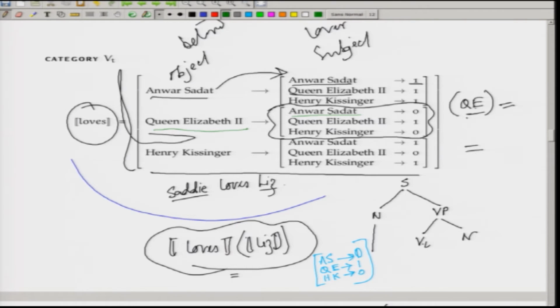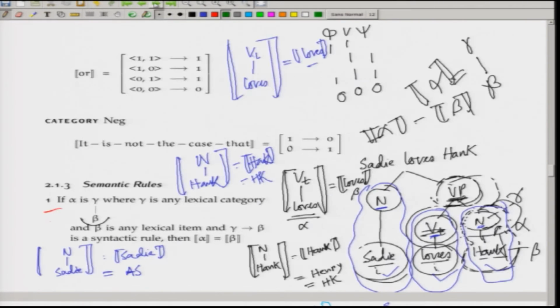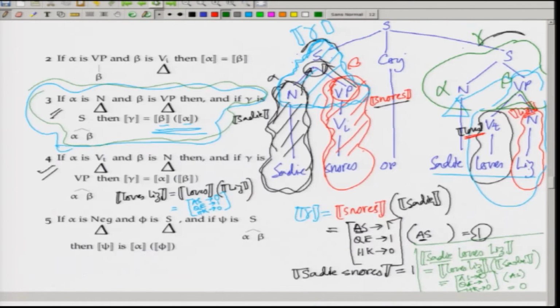You see Sadat actually does not love Liz, because this combination gives 0. So that is the reason. As a result we calculate and find that this part comes out to be 0, and Sadat knows, this part comes out to be 1, right.